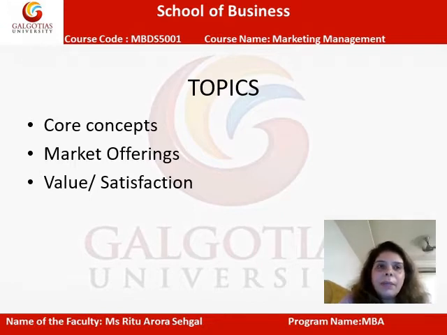As we progress with the subject, we will see that a lot of things are included in marketing: your advertising, your branding, your service marketing, your digital marketing. Marketing is a very broad concept.